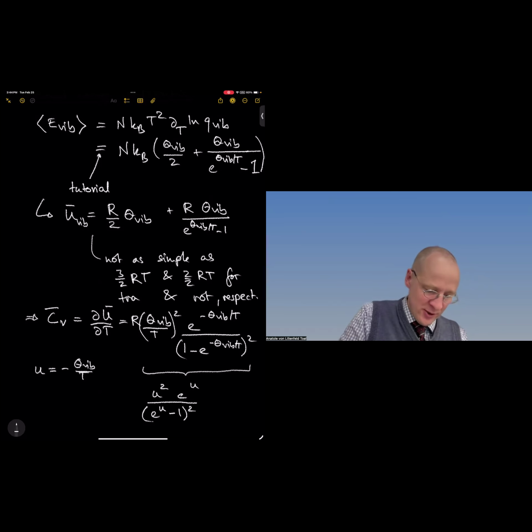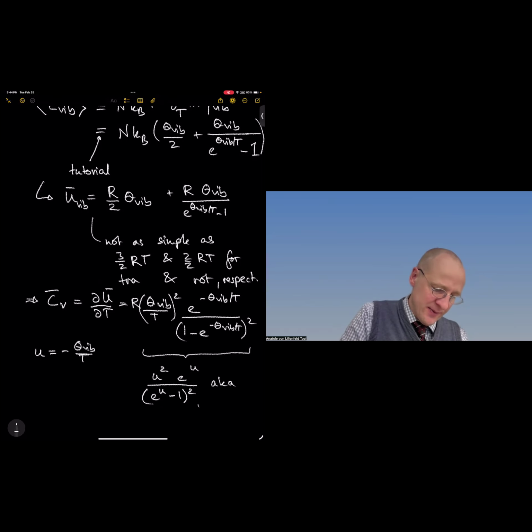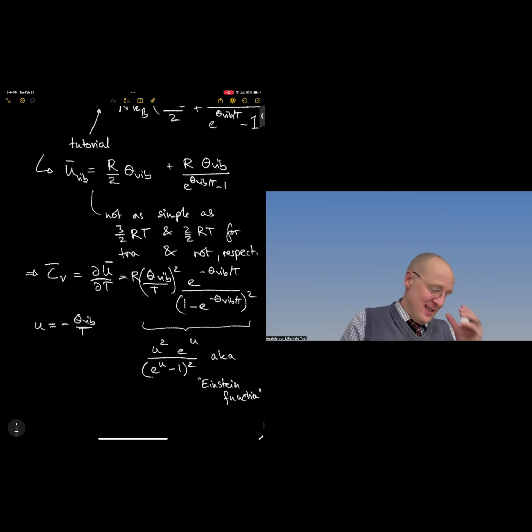And this is also known as the Einstein function. So only the most cherished expressions, of course, get to be named after somebody.